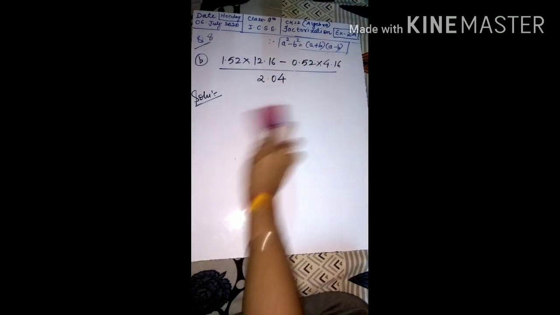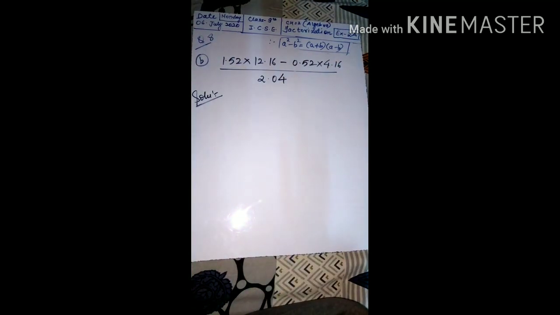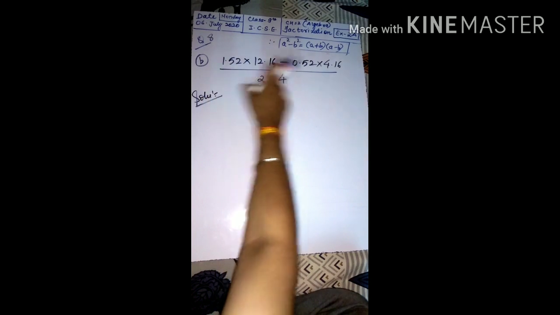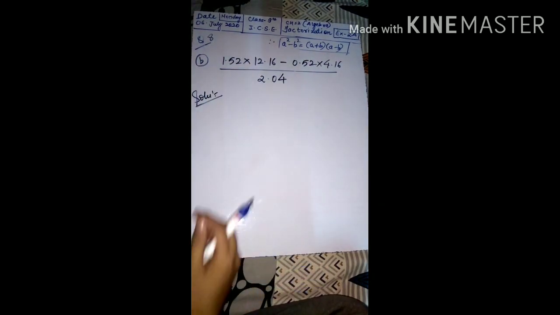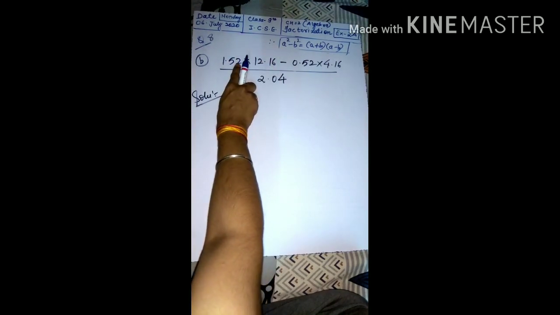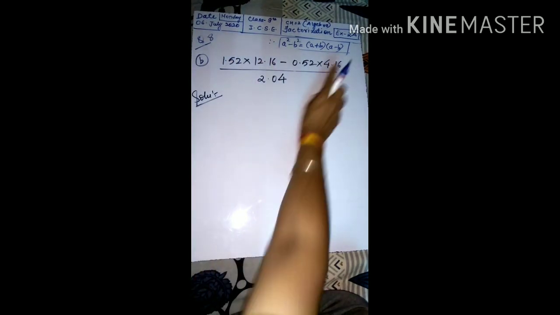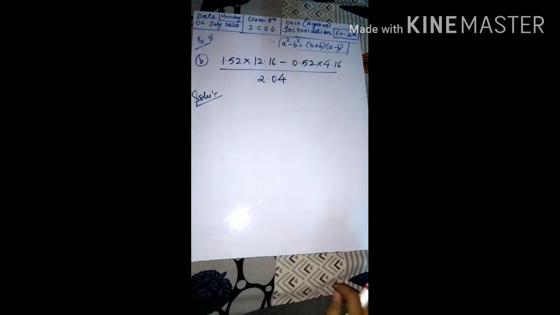But we have 12.16 and 4.16 as different values, which do not match 1.52 and 0.52. But one pattern I'm seeing is that if I divide 12.16 by 1.52, I get 8. And when I divide 4.16 by 0.52, again I get 8 as the answer.